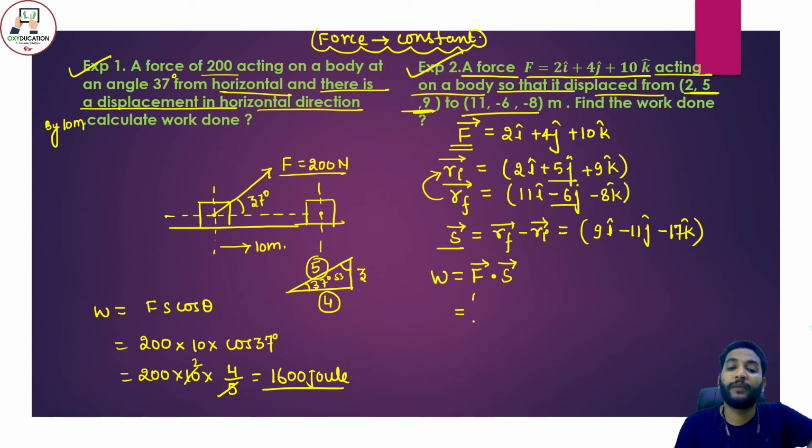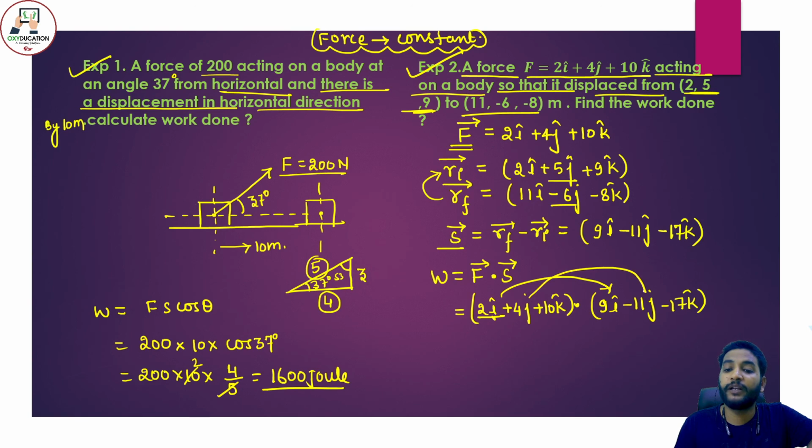How will we multiply? Simple, 2i cap plus 4j cap plus 10k cap dot 9i cap minus 11j cap minus 17k cap. Now i will multiply with i only, j will multiply with j and k will multiply with k. Why? ये आपको पहले से पता है. In case आपको नहीं समझ में आ रहा तो आप कमेंट करके मुझे बताइए कि सर ये चीज नहीं समझ में आया, definitely I will give some solution.